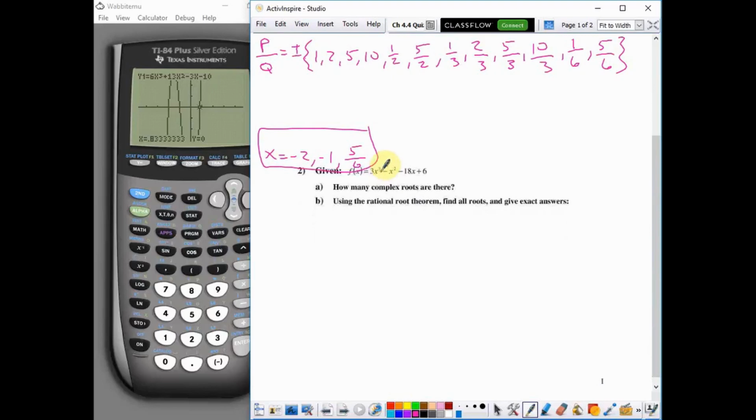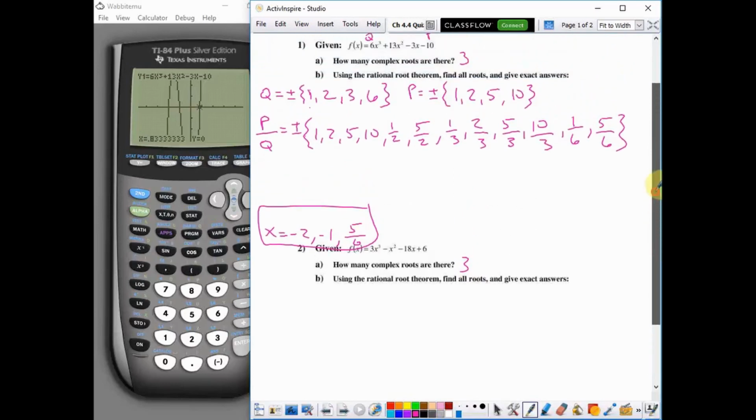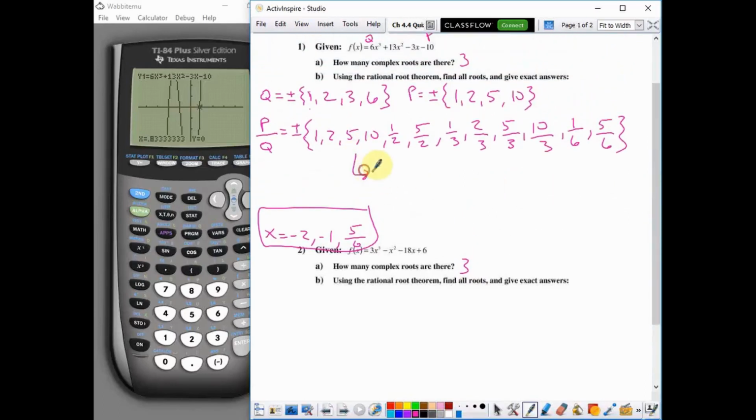This one also has a degree of 3, so there's going to be 3 roots. And now I should point out, this P over Q is a list of all possible, and I'm going to highlight possible here, rational roots.